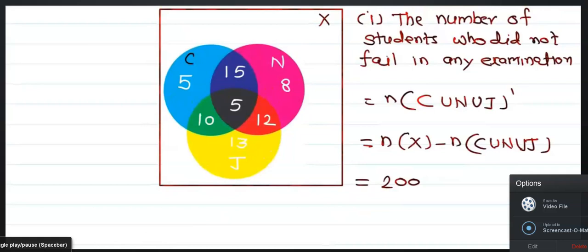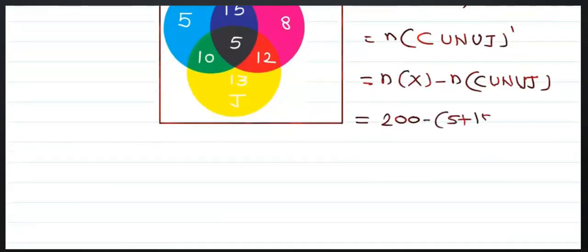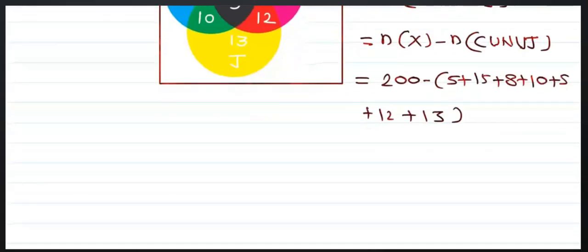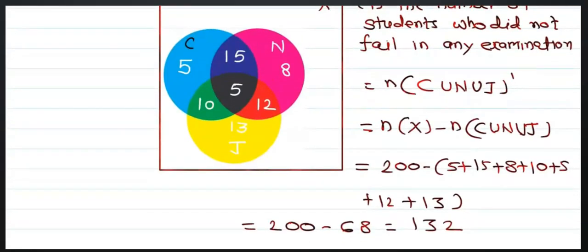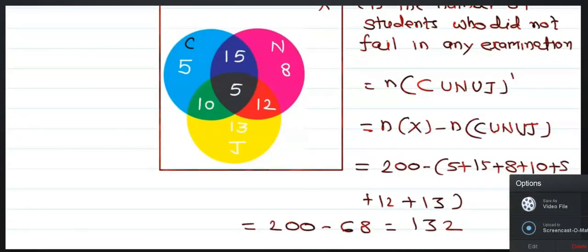Therefore, we subtract all the failed students from the total. Now see this, the failed students, C union N union J, is 5 plus 15 plus 8 plus 10 plus 5 plus 12 plus 13. All these are the failed students.